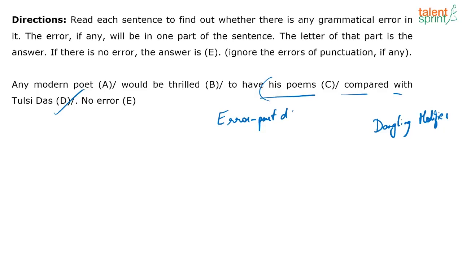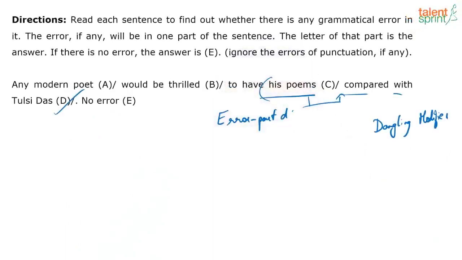Which means what I'm trying to modify, that subject is not clear in part D. It's like saying if Bittu is a writer, and I'm also a writer, I want to compare my poems with Bittu's poems, not I want to compare my poems with Bittu. That is incorrect, no comparison. I can compare myself with Bittu, but my poems I want to compare with his poems, not with Bittu. That doesn't make sense.